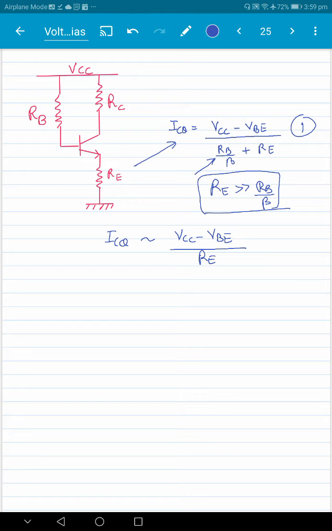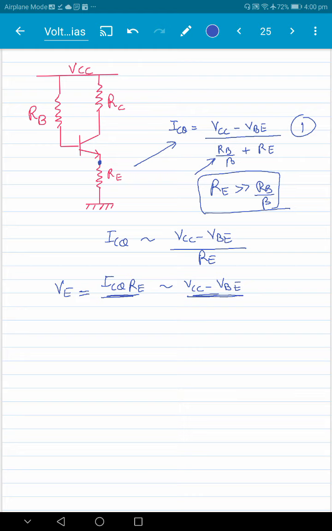We made the circuit beta insensitive, which means that ICQ RE equals VCC minus VBE. Now this ICQ RE is nothing but the emitter voltage VE. So VE is equal to VCC minus VBE.